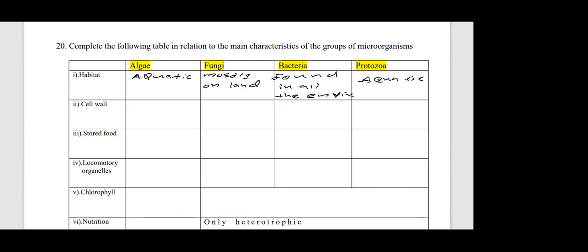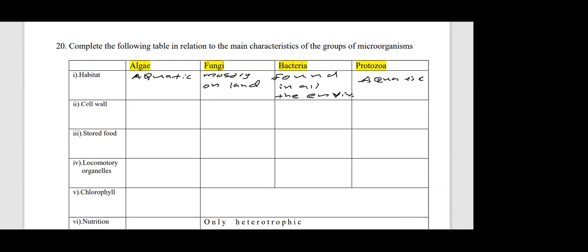Fungi can be unicellular or multicellular. They are very important for decomposing waste matter.